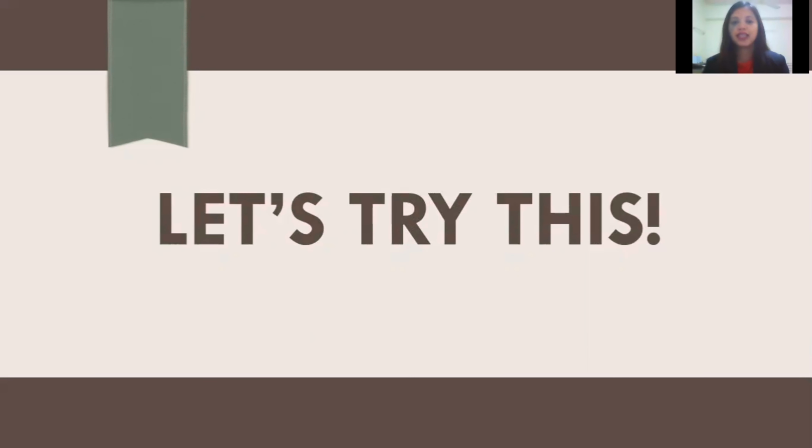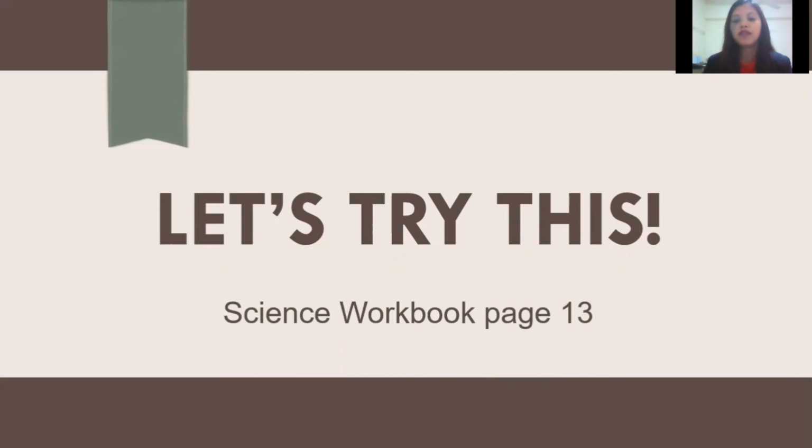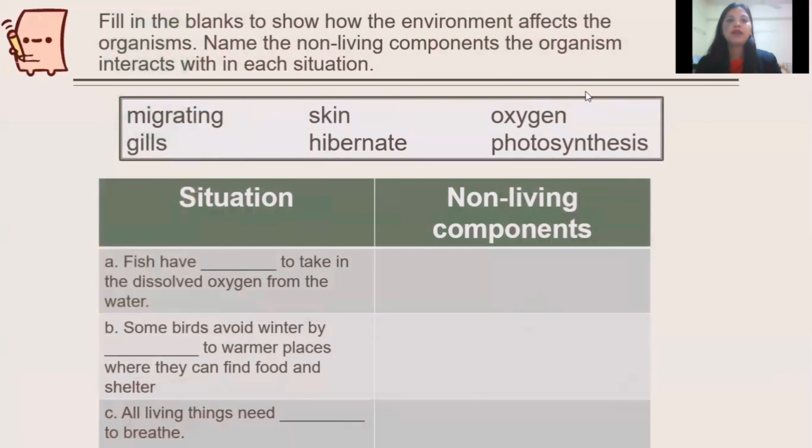This activity can be found in your science workbook, page 13. Okay? So, are you ready? Very good. Now, fill in the blanks to show how the environment affects the organisms. Also, I want you to name the non-living components that the organism interacts with in each situation. Okay?